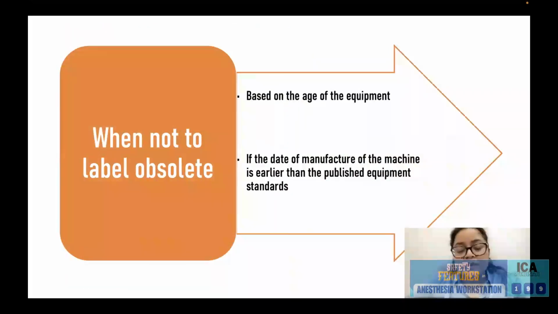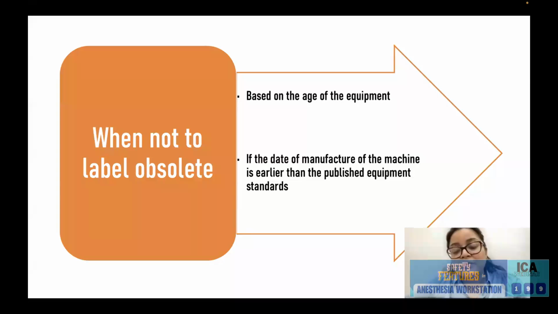Next comes the question of when not to label an anesthesia machine obsolete. The machine should not be considered obsolete solely because of a certain arbitrary age. So if an anesthesia workstation is old, it should not be considered obsolete, or if the date of manufacture of that machine is earlier than some published equipment standard.